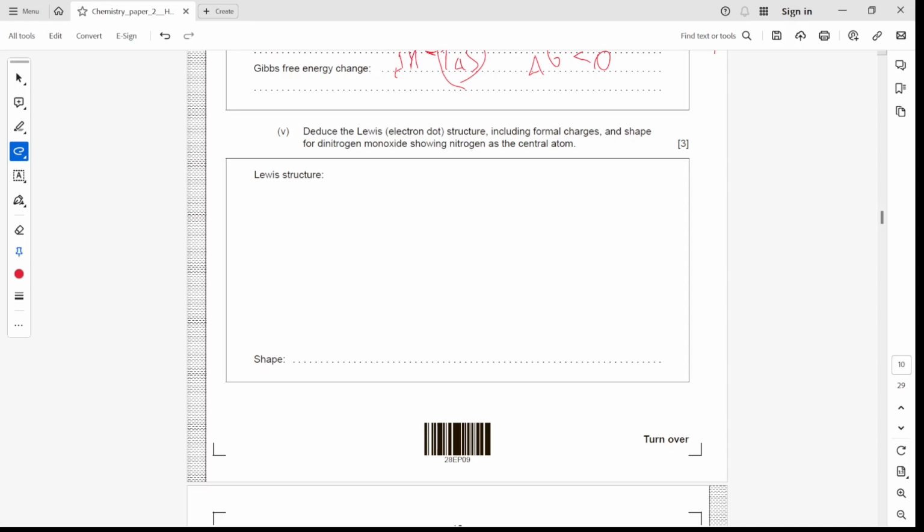And we need to deduce formula for dinitrogen monoxide. It has 2 formulas, right? This is the first one, and this is the second one. Don't forget our charges. And also here. And we need to show electron dots.